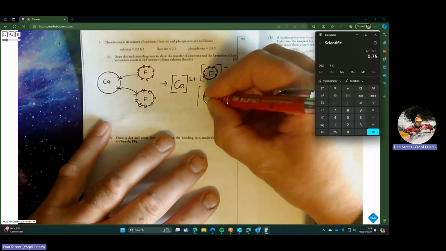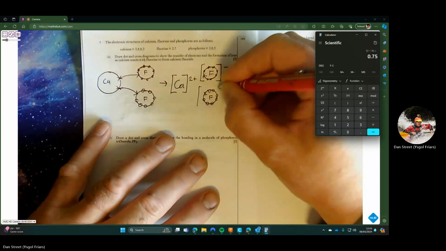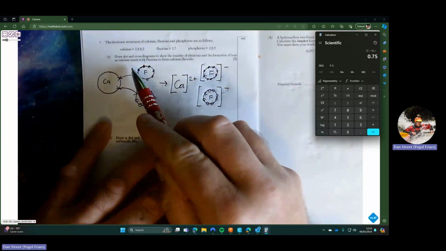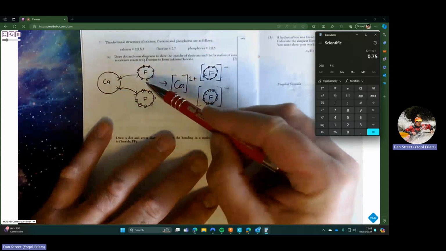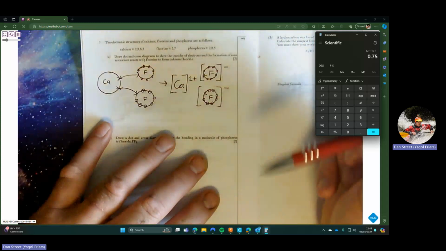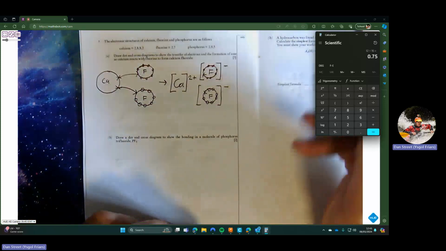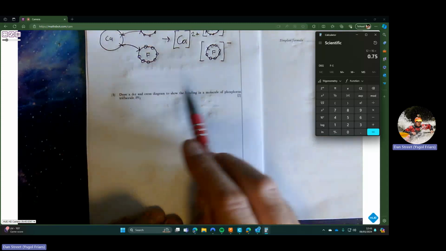And so this one is also negatively charged. So the formation of ions as calcium reacts with fluorine to form calcium fluoride. So we've shown the transfer, and we've shown what has been created, and we've made sure we've put the charges in the final diagram.